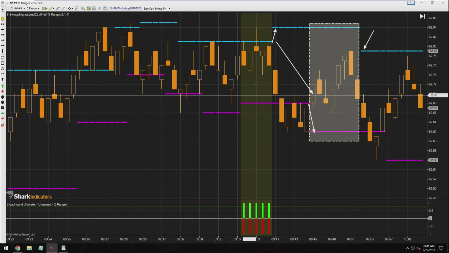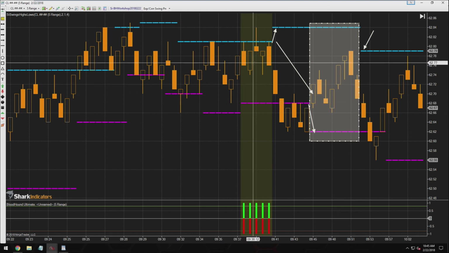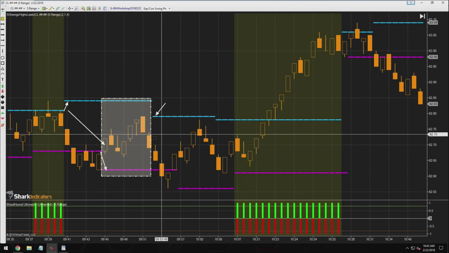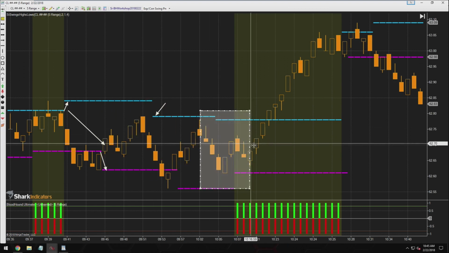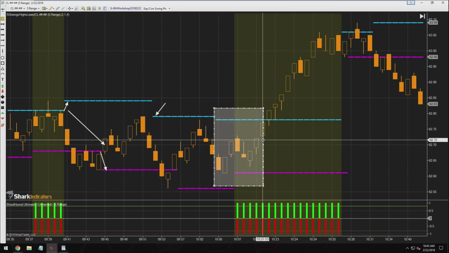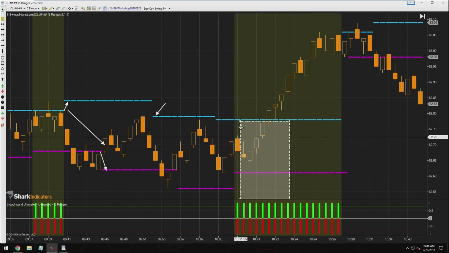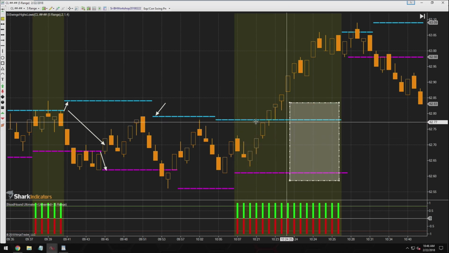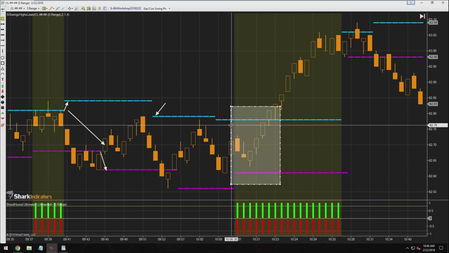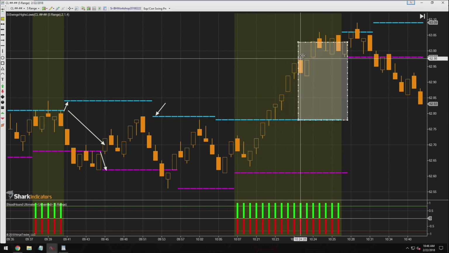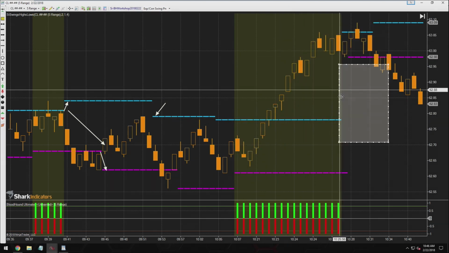Once the swing lows contracted, bingo. Yeah, perfect, classic. So once the swing highs contracted, the swing lows contracted, and there we go. There's our area of contraction until basically the swing highs made new highs.